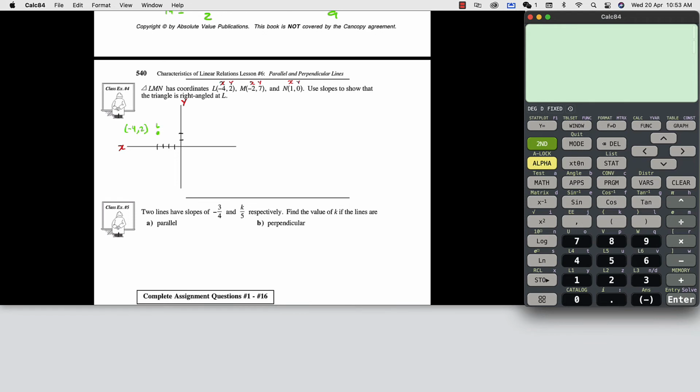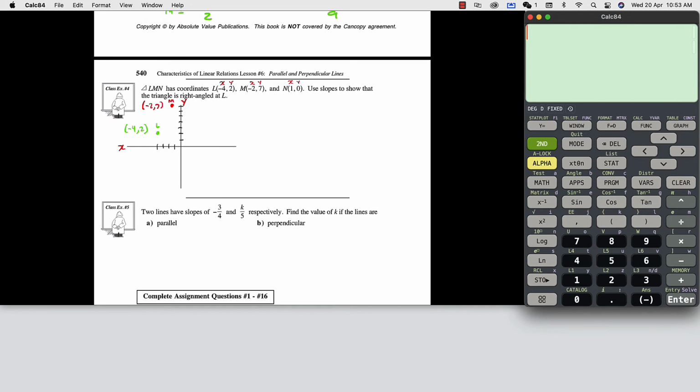Point M is negative 2 in the X, so it's going to the left, and positive 7. So 1, 2, 3, 4, 5, 6, 7. So it's going to be somewhere up here, and that's going to be point M, and the coordinates are negative 2 and 7.